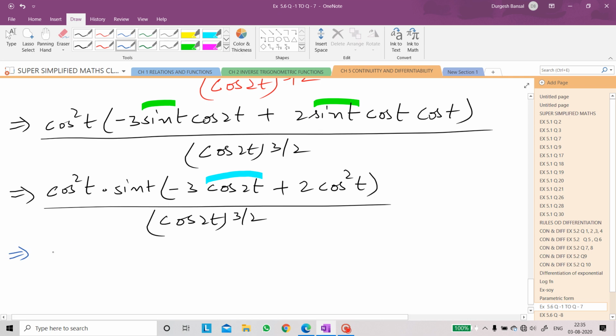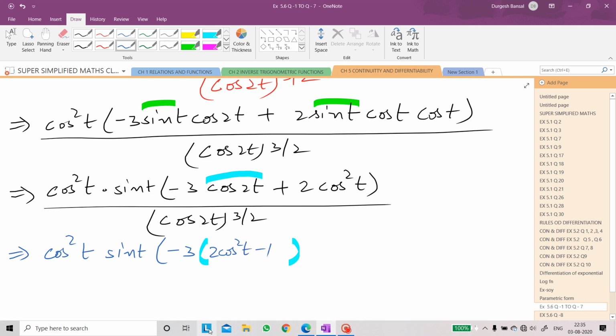It will be cos square t sin t minus 3, and in this bracket I'm going to write the value of cos 2t, which will be 2 cos square t minus 1, and let me make it a big bracket, and it will be plus 2 cos square t, and we close the bracket.